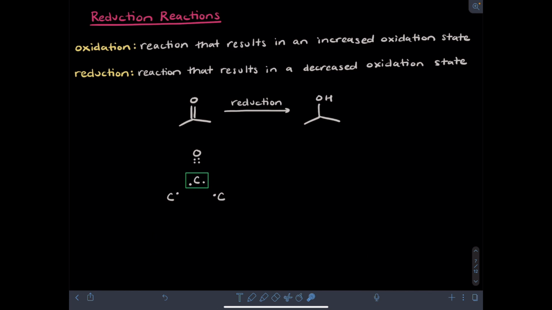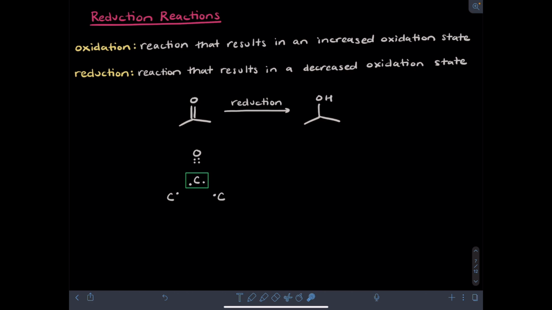When we look at breaking the bonds for the ketone on the left, for the carbon-oxygen double bond, oxygen will get all 4 of those electrons, and then for the carbon-carbon bonds, carbon has the same electronegativity as another carbon, so we distribute those electrons evenly.